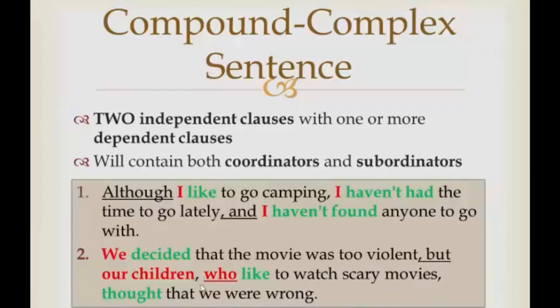So without this it will still make sense: our children thought that we were wrong. This is additional information. So our children thought we were wrong is actually the second independent clause, and our dependent clause is actually who like to watch scary movies, with a subordinator who, a relative pronoun. So this is an example of a compound complex sentence. You have two independent clauses and one dependent clause.